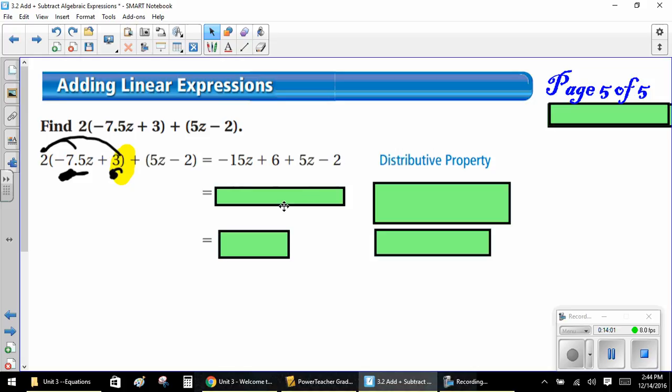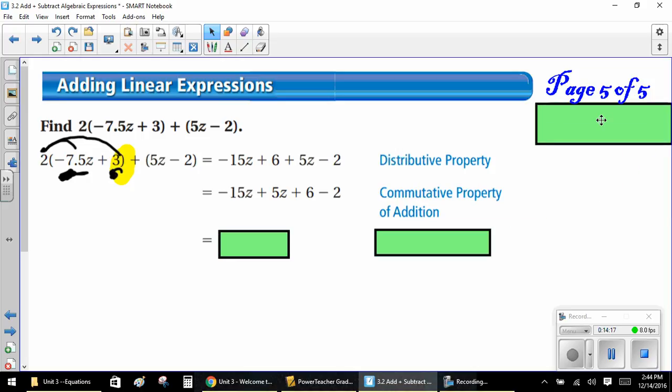So what I'm going to do from here is bring my like variables over, so negative 15z plus 5z, and then 6 minus 2. Remember, you can write the minus as plus negative 2. So I'm using the commutative property. So anytime I move stuff around, I'm commuting them just like you would commute to and from school.